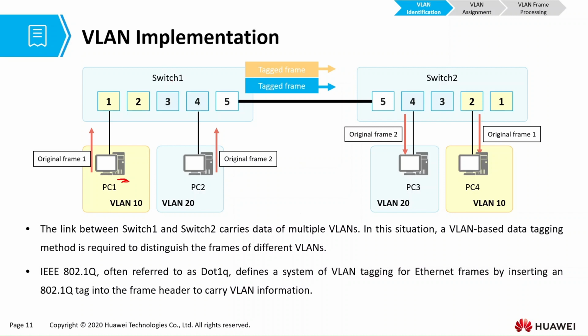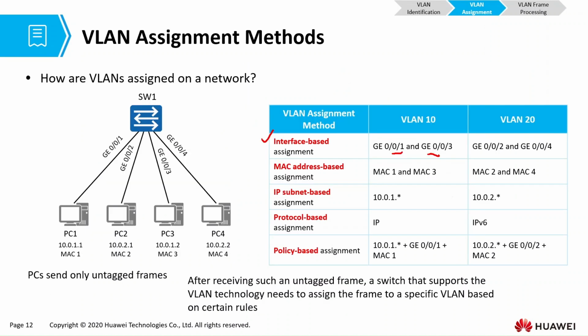You assign the VLAN ID to the port or interface. The second one is assigning based on MAC address. That means you map between the VLAN and your source MAC address. It refers to the source, not the destination.